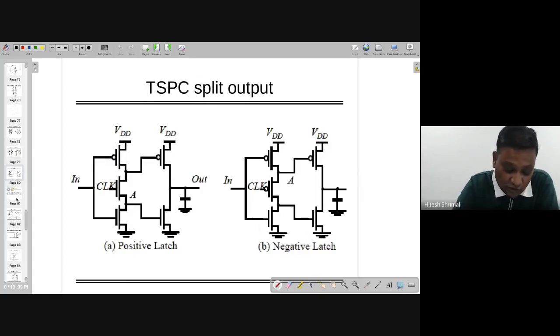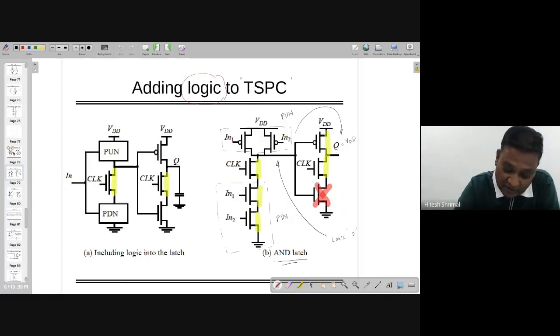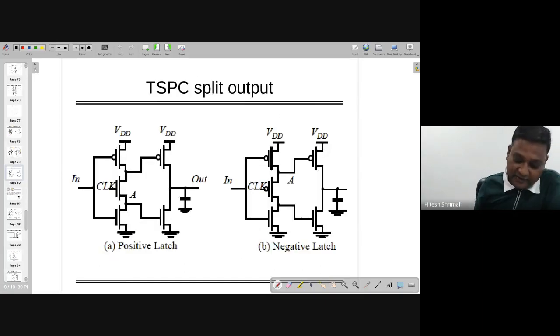Now let's talk about some other technique where you are not taking the output exactly from only this node, but you are taking the output from two different nodes, which are going to be known as split output.